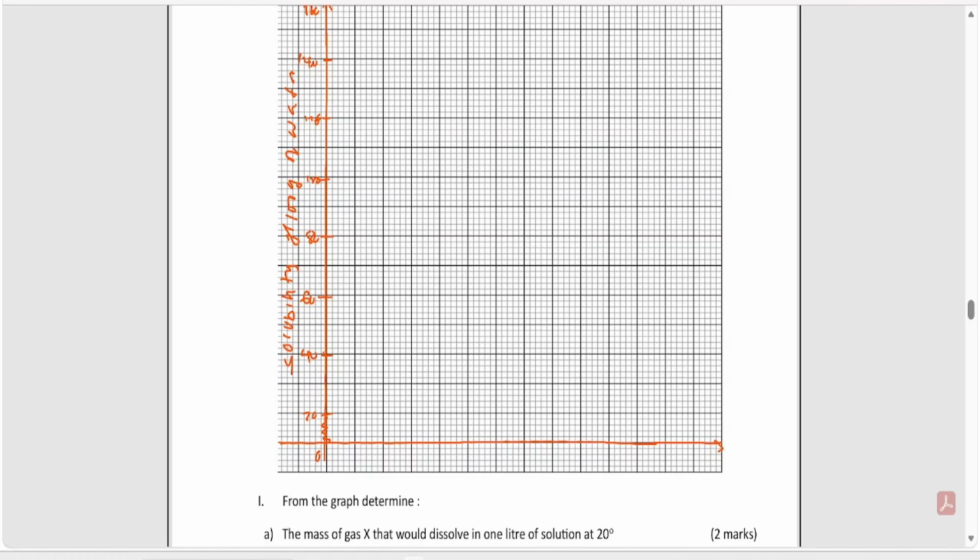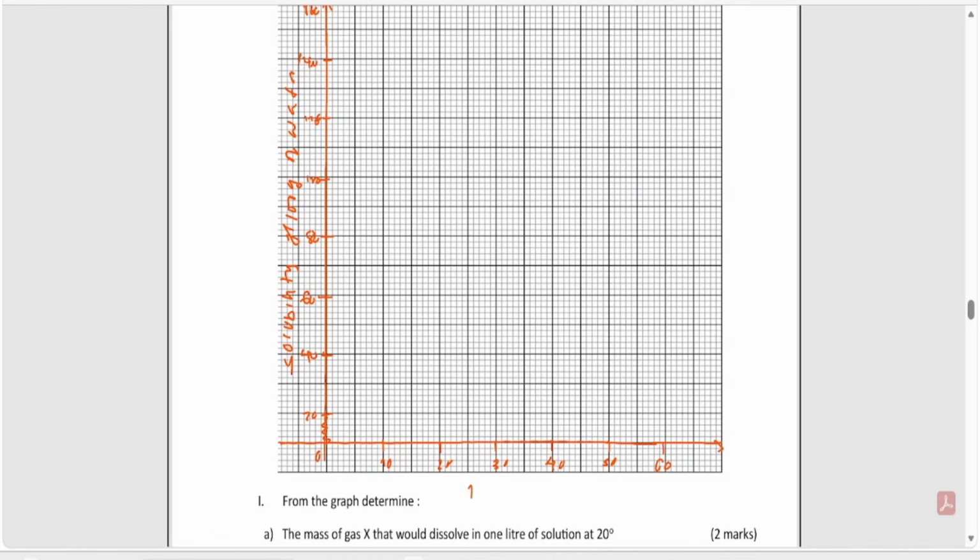And then I'm going to use 10 degrees Celsius, sharp 10, 20, 30, 40, 50, then 60.